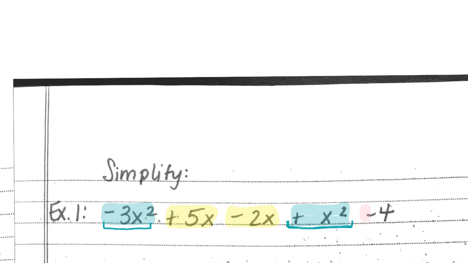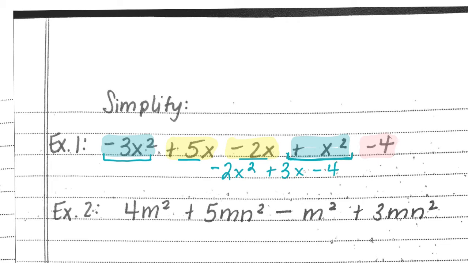And notice this negative 4 stands alone. So when I add these, negative 3x squared and positive x squared is negative 2x squared. And 5x and negative 2x is 3x. And the negative 4 is going to stand alone.